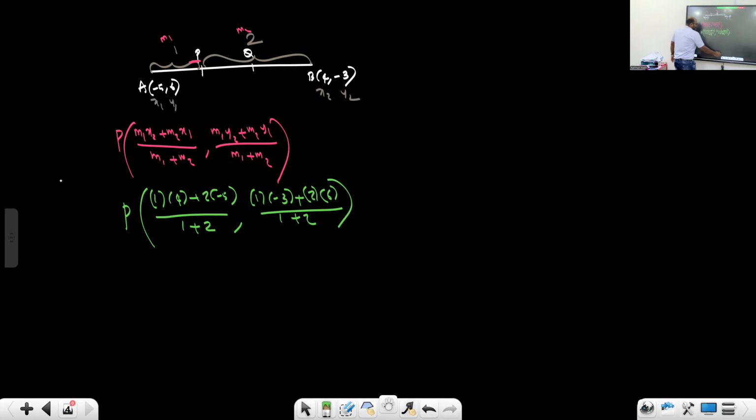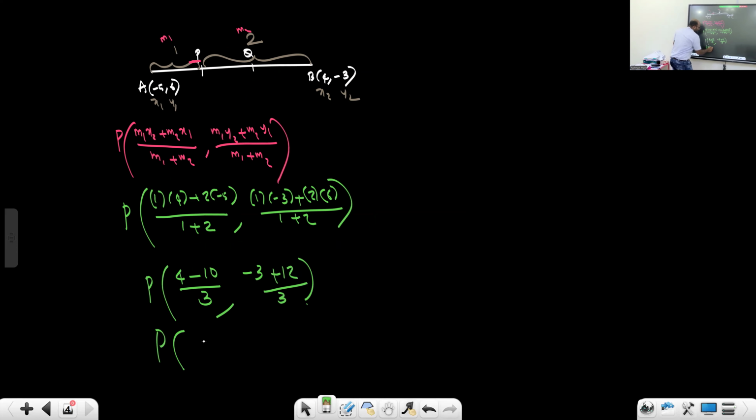P coordinate: (4 minus 10) by 3, (minus 3 plus 12) by 3. So the P coordinate is minus 6 by 3, and 9 by 3. P is (minus 2, 3).